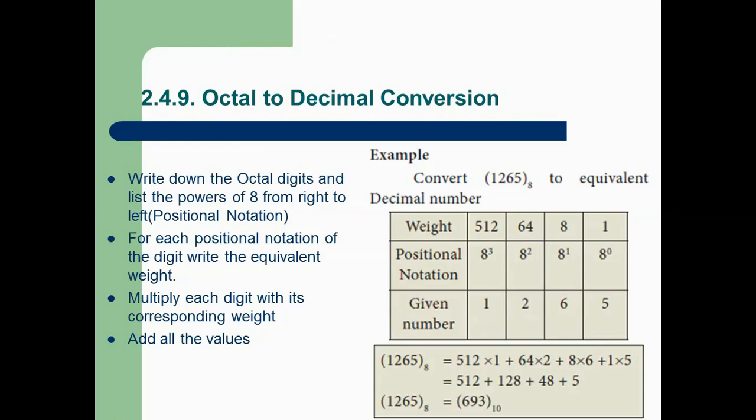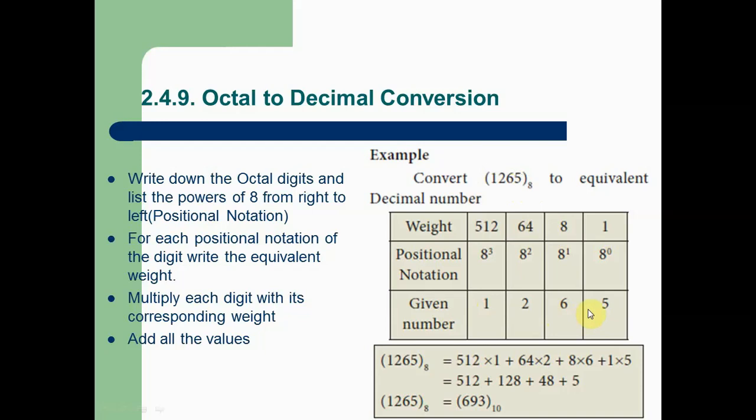Each and every digit of the given number should be multiplied with the weight value of the positional notation, and then add the product values. Finally we will get the result. So the first step, write the given digits in separate boxes. The given number is 1265 base 8, which you want to convert into decimal.